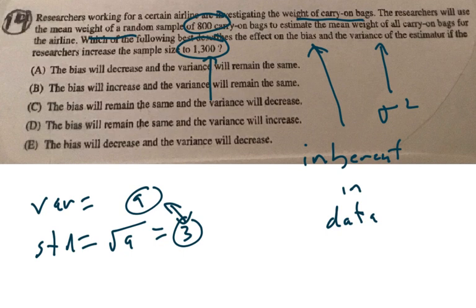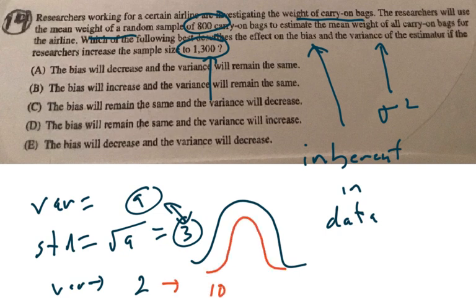If we started out with, let's say the variance, I'm just making this up, was 100, or let's start out that way. Let's say the variance was only 2. Our data would look something like this. But if I changed from 2 to 10, you would see the data get narrower.